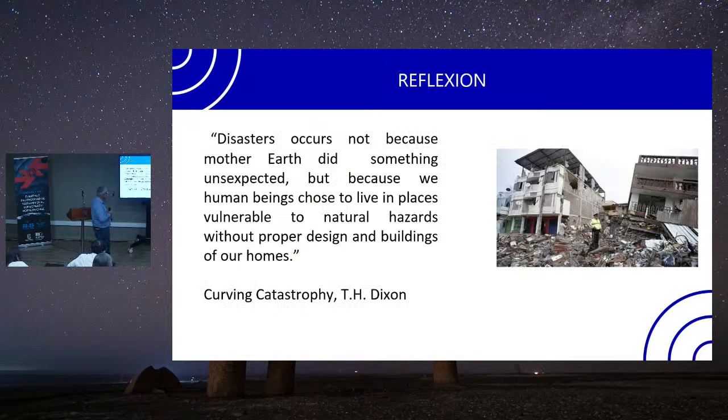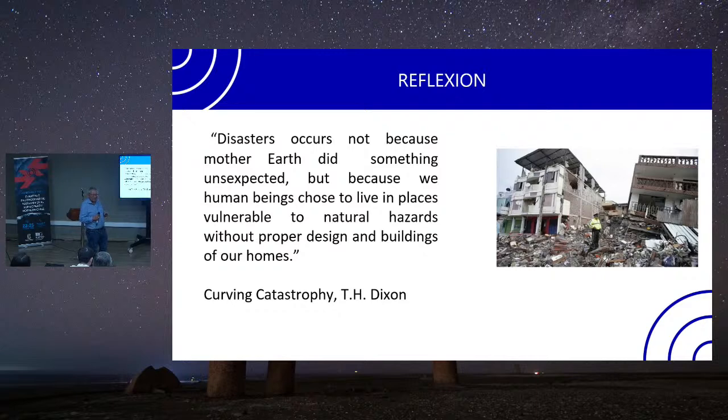So I guess this is the last one. Yes, I want to leave with this reflection. I like this phrase that was written in a book by my colleague Tim Dixon: disasters occur not because Mother Earth did something unexpected, but because we human beings decide to live in places that are vulnerable to natural disasters without taking the proper measures to adapt to them.